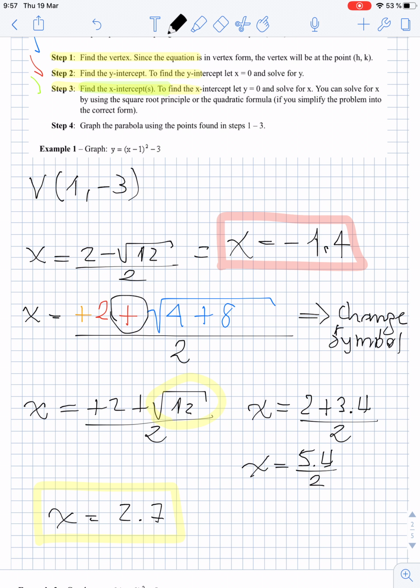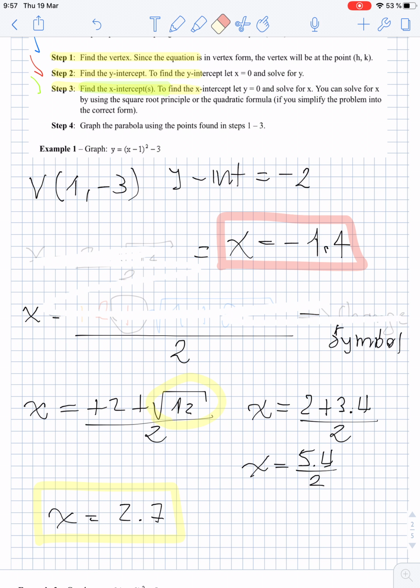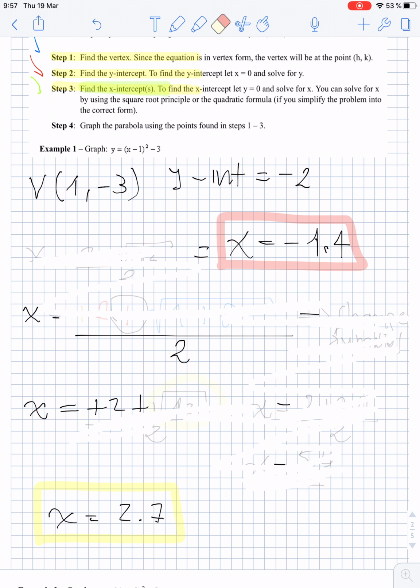The value of the y-intercept was minus 2. Yeah, minus 2. Or plus 2. Let me check again. No, it's minus 2. And the values of the x-intercept is the values we found before, that is minus 1.4 and 2.5. Okay? Therefore, we have all the information to graph the curve.